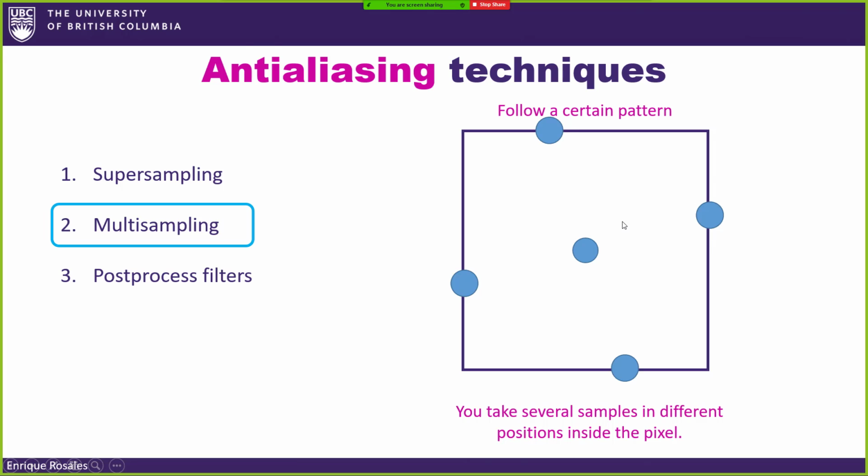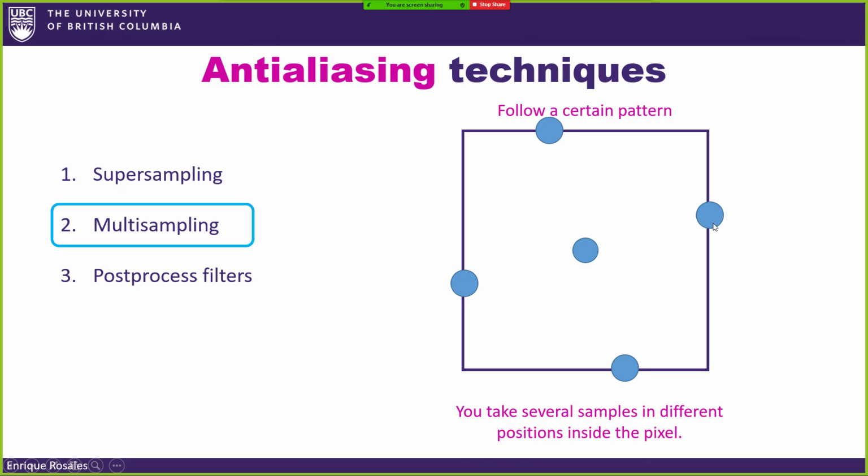This is a very nice idea because for the next pixel, you don't need to compute this one. The first pixel computes 5 points. How many will the next one need to compute? Only 4, because this one is already computed.